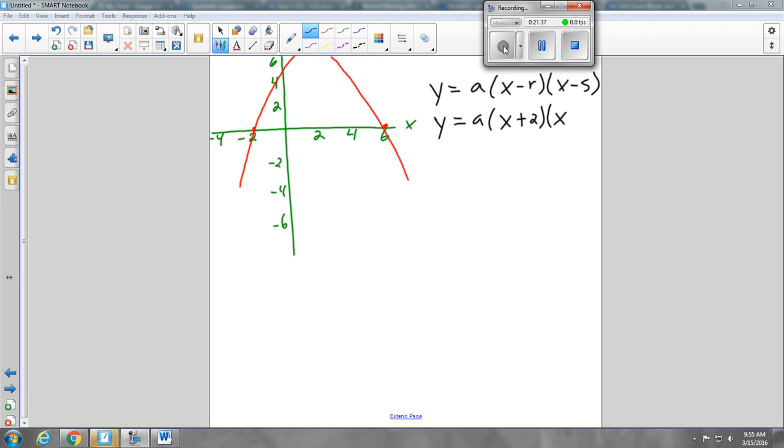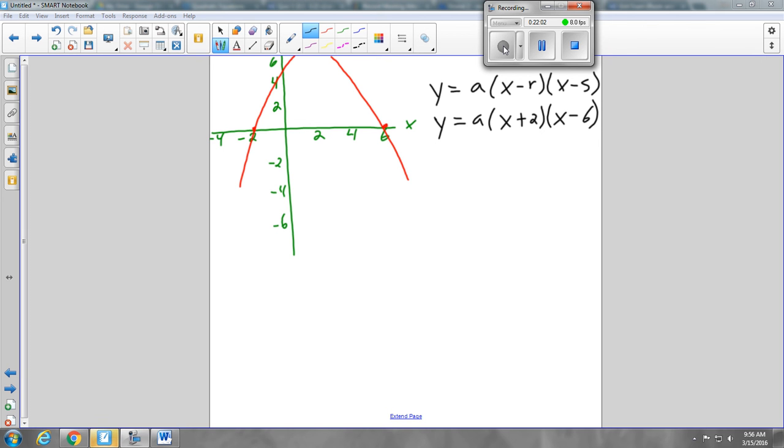And then for this one, 6, but again the opposite, so -6. So we've started out with our equation now, right? We're good so far? Okay, so we've got that.